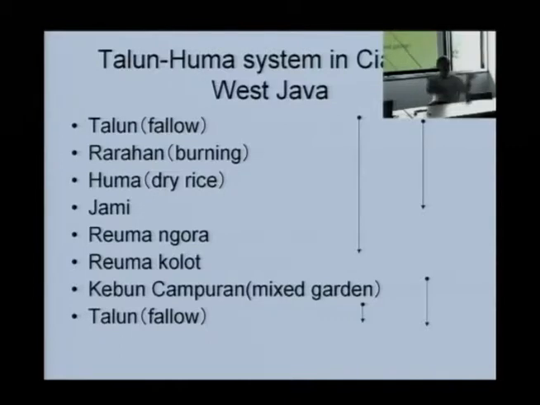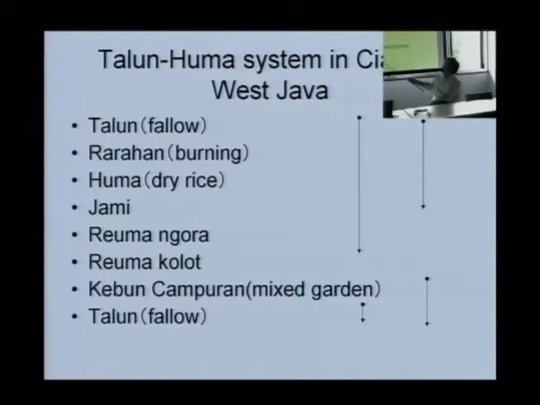In order to maintain their system, they should move to another place and another place and back to the original place. They need, for example, 20 hectares to maintain the livelihood of the household, but only 4 hectares are allocated to the family. But that is a socialist country. They cannot change the system.